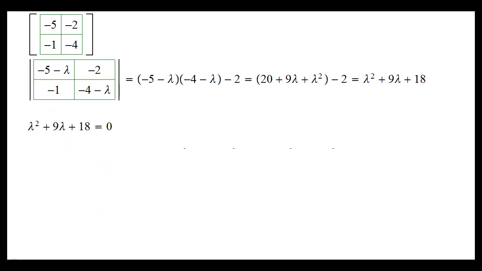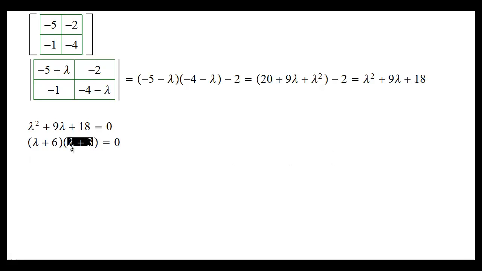So when we look at the factors, 18 is 6 times 3, and we get this characteristic polynomial factored as what? Lambda plus 6 times lambda plus 3, and set that equal to 0.